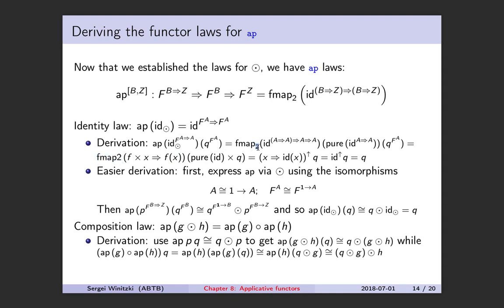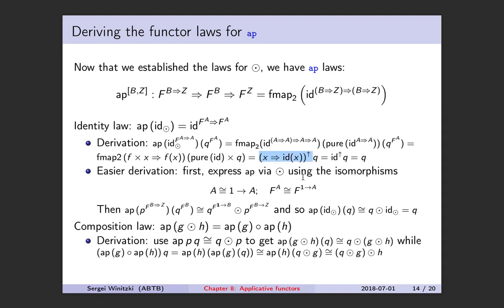You see here I have this Fmap subscript 2, which is curried, and Fmap without subscript is uncurried. Applied to a product of fx is just this. This is equivalent to this identity. And now I'm going to just simplify this by using the identity law from Fmap2, which is going to give me this.